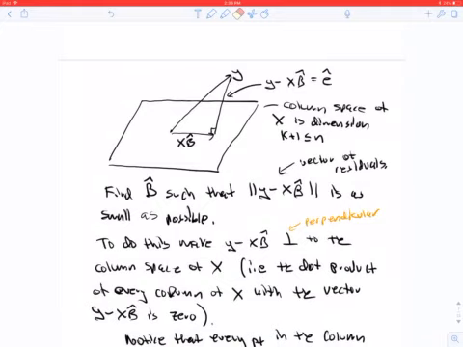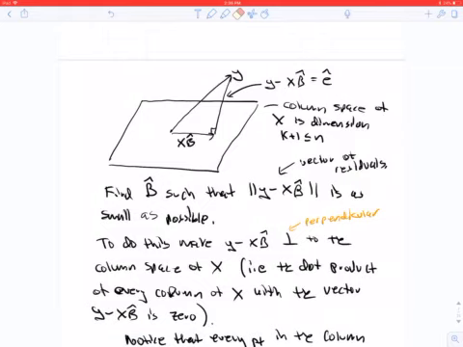What we want is to find beta hat such that we have 2 vectors: y and x beta hat. x beta hat lives in the column space of x, right? You can just think of beta hat as giving a linear combination of the columns of x.